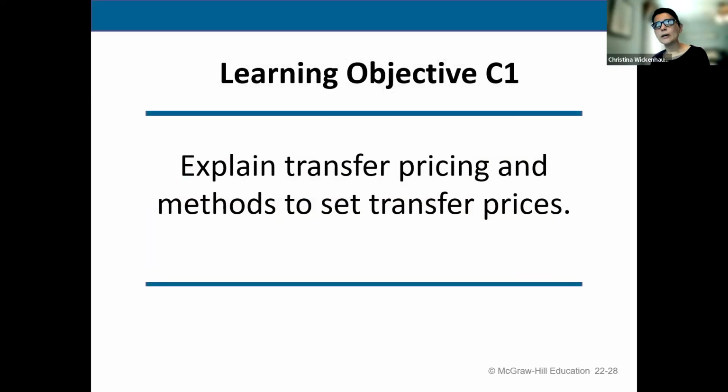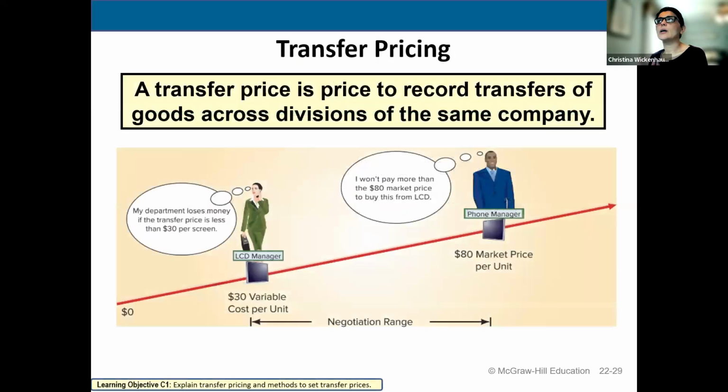So now we're going to wrap up this chapter and talk about transfer pricing and how we set transfer prices. Sometimes you have a product that can be given to another department within the same company, and you have a choice: I could produce more and it could be a component of this other department.